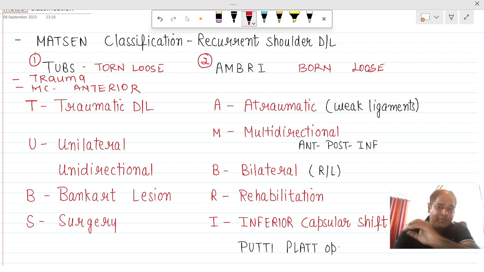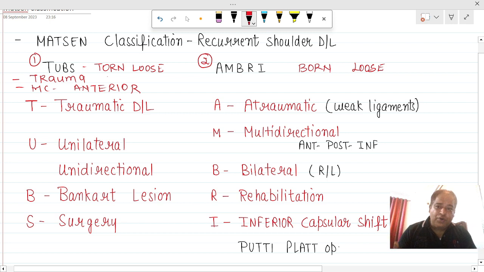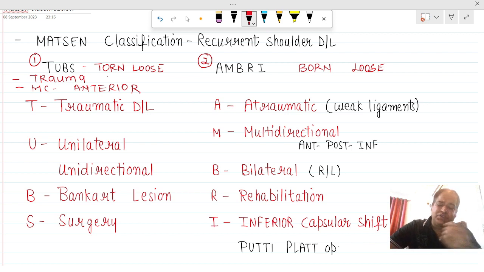Okay, I come to you. You reduce the dislocation by using various methods: Kocher maneuver, Stimson gravity method, Hippocratic method. Very good. But even after you reduce the dislocation, the capsule of my shoulder joint, which is part of the mechanism that keeps the shoulder joint stable, is affected.